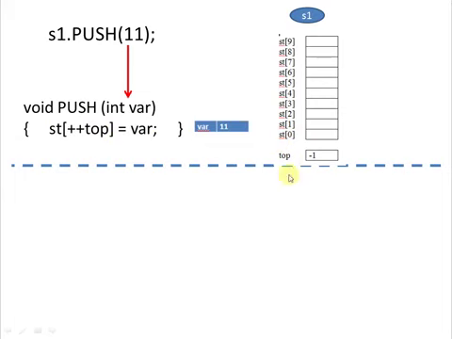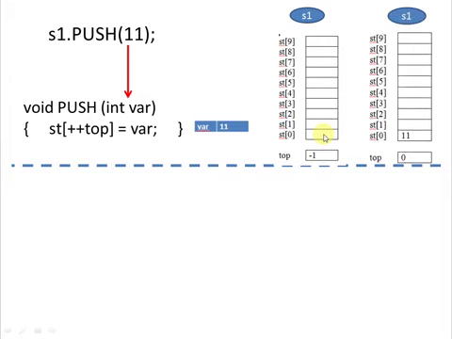So the value of top will be 0, and 11 will be stored at this location. See in this section, top has become 0, and at st of 0 the 11 has been stored.